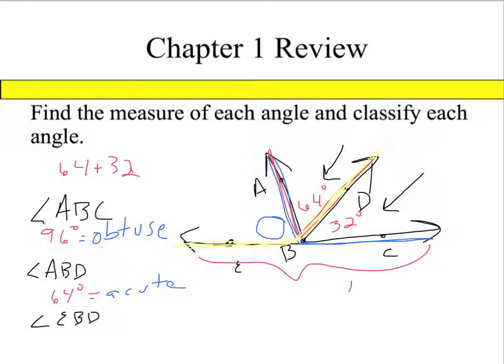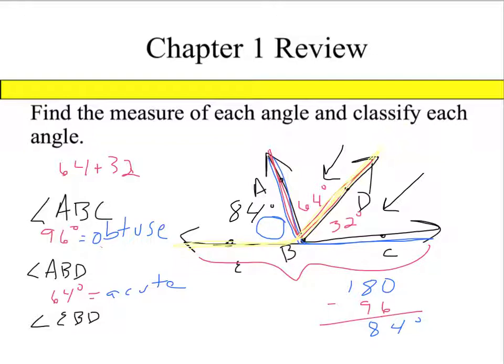I would take 180, and I already know what ABC is together, 64 and 32, so minus 96. When I subtract these, I get a total of 84 degrees. So I know for a fact that ABE is going to be 84 degrees.